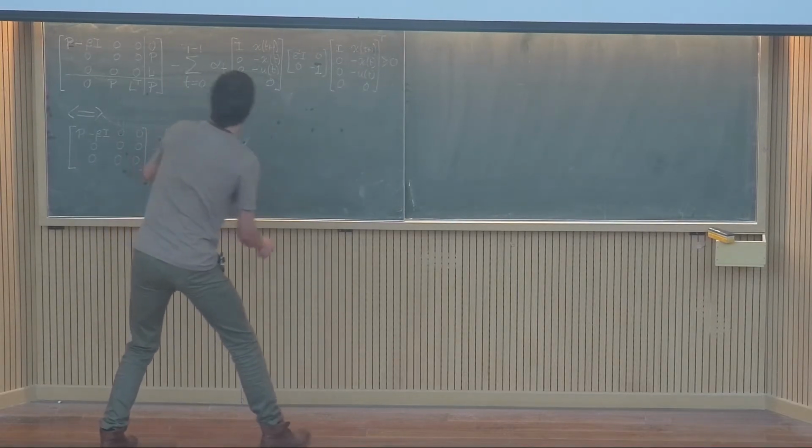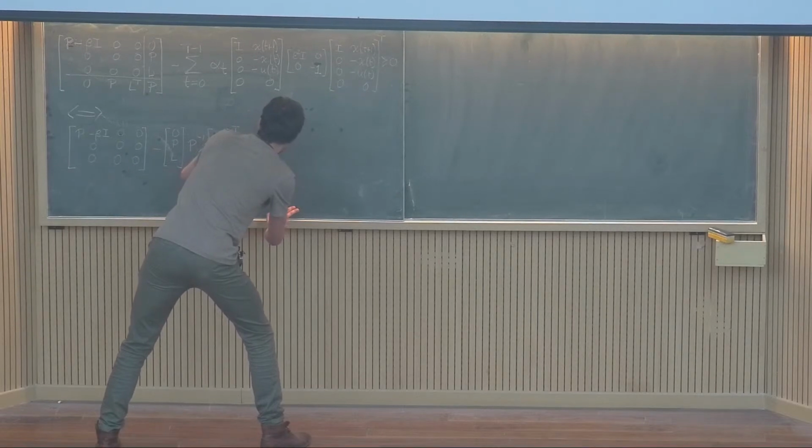And then I still need to copy minus the sum of alpha t from t is 0 to T minus 1.